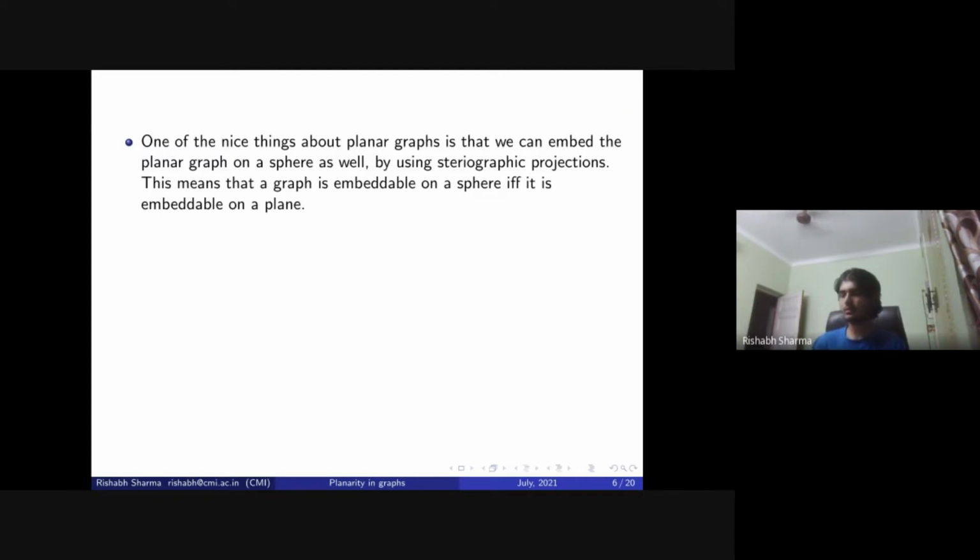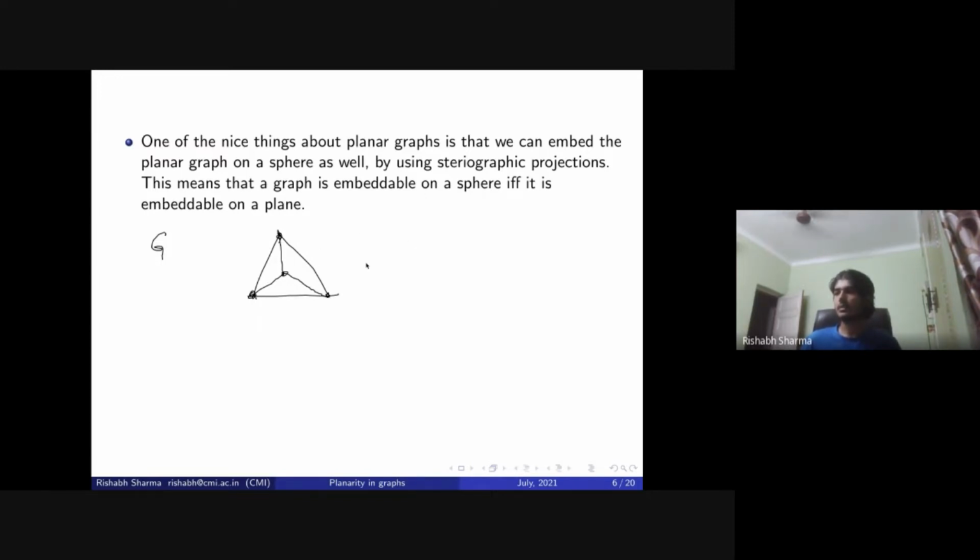Now we use this stereographic projection to make a connection between planar graphs and polyhedra. Suppose I have a graph G. Suppose this is the planar drawing of the graph. So I'm taking a planar graph and drawing it on the plane.